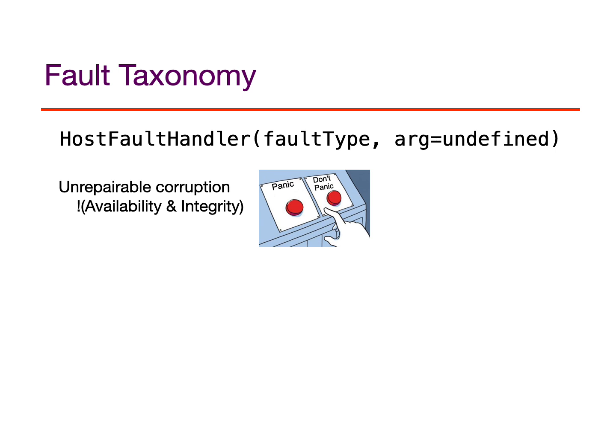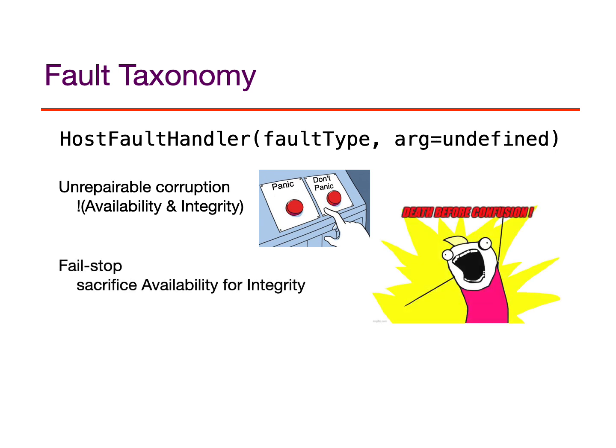So one possible choice for the host is fail stop, which is to sacrifice availability for integrity. That's certainly what you want for something where you want transactional totality, like a money system, where user assets are at stake.